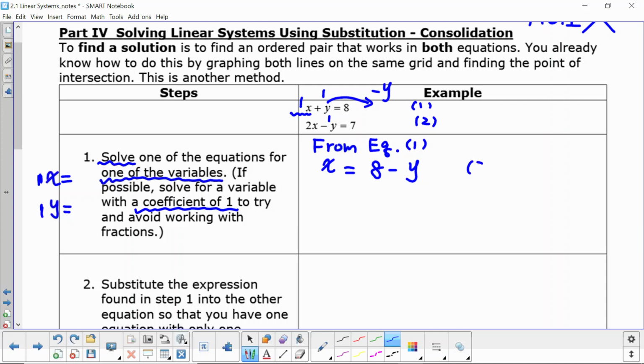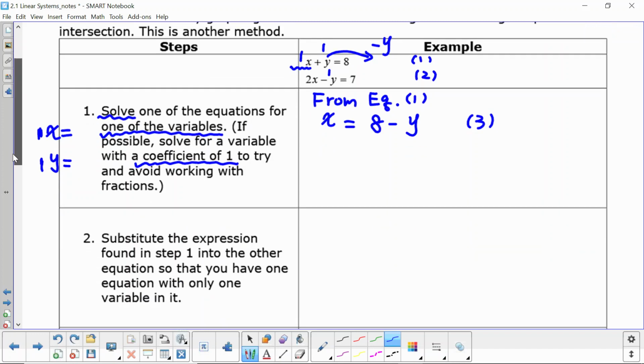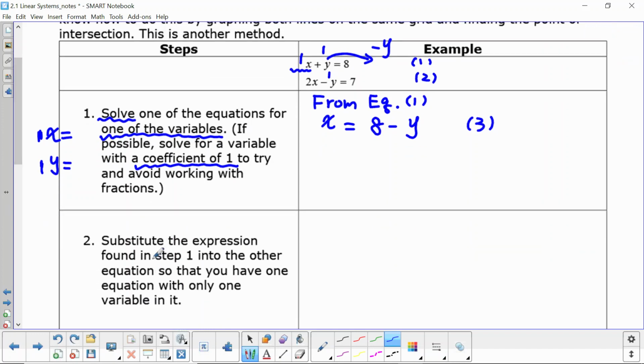This is equation 3. So this shows you the algebraic method to solve a linear system using the substitution method. So we have x isolated. Then the step 2 is to substitute the expression found in step 1 into the other equation.